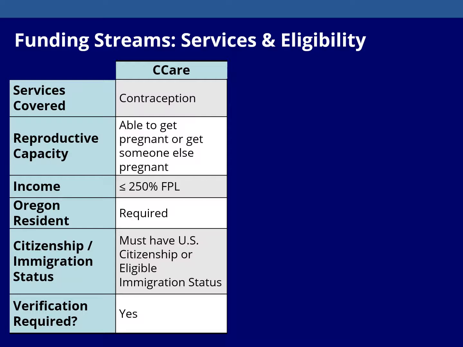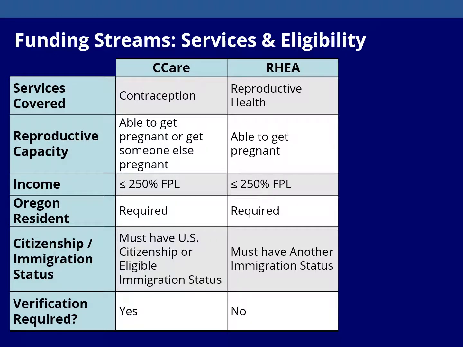To be eligible, clients must either be able to get pregnant or get someone else pregnant, be at or below 250% of the federal poverty level, be an Oregon resident, and either have U.S. citizenship or eligible immigration status. C-Care also requires that we verify clients' incomes and their citizenship or immigration status.